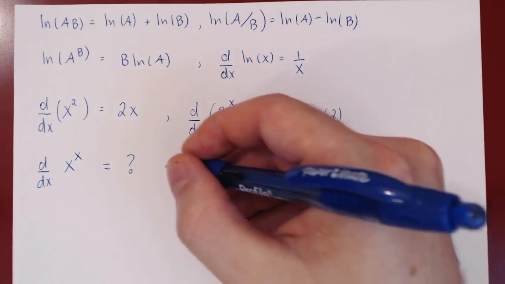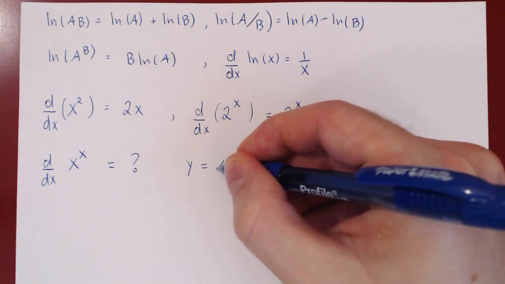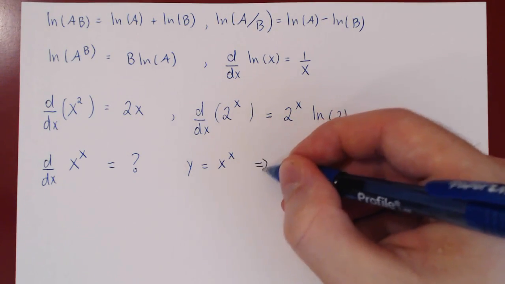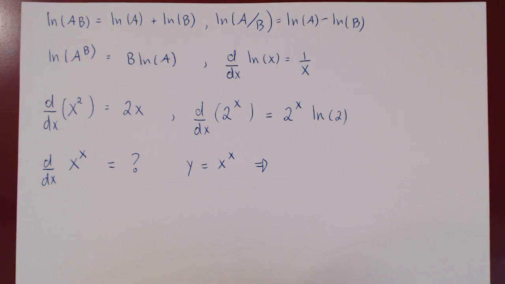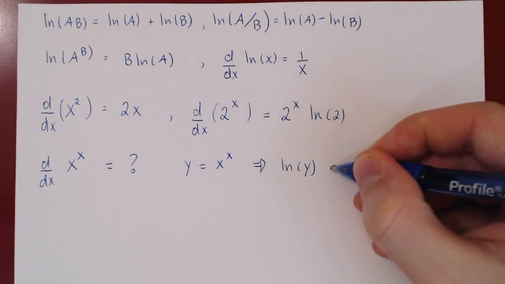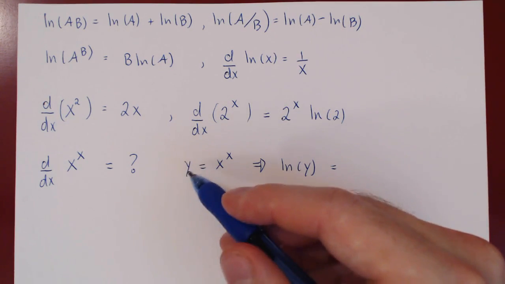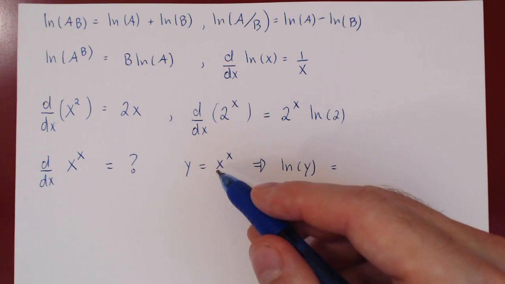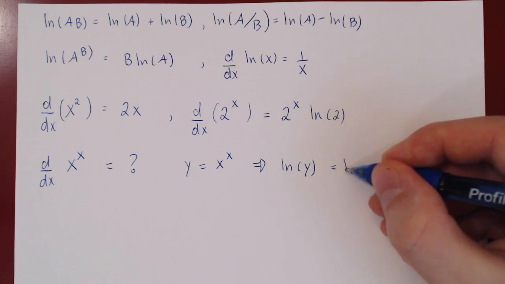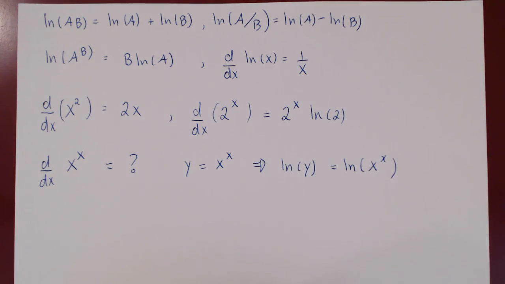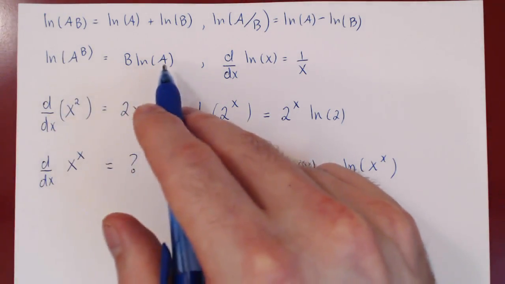Our function is y equals x to the x. Well, the two sides are equal, so we can take the ln of both sides. So the ln of y equals, well, we can now replace y inside the ln by x to the x, because y is equal to x to the x. So ln of y equals ln of x to the x. And now we can use the third property of logarithmic functions.